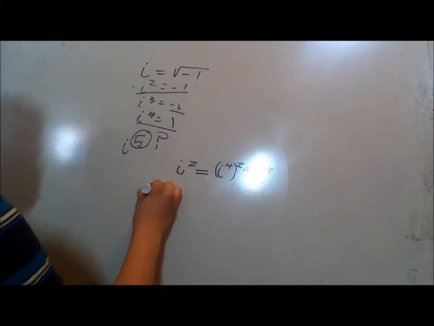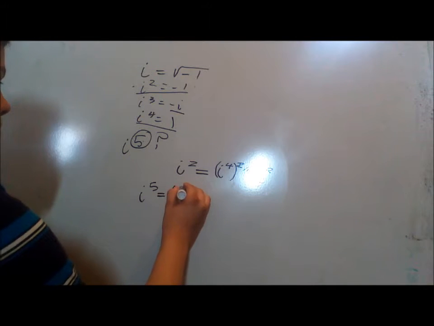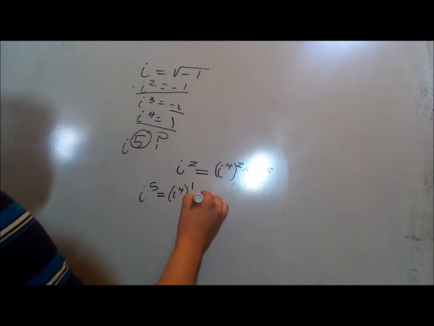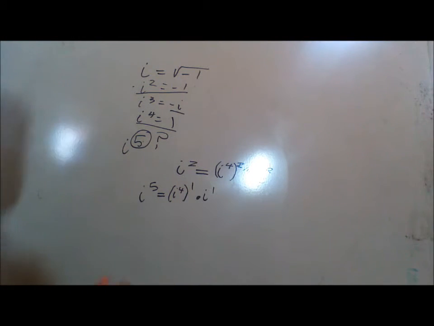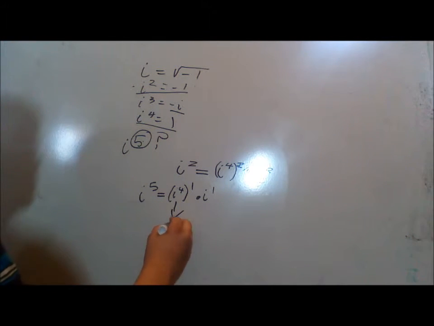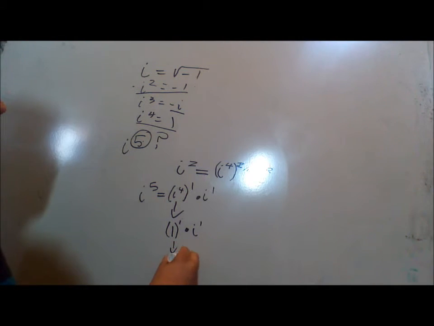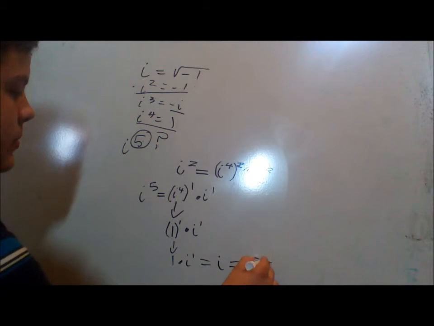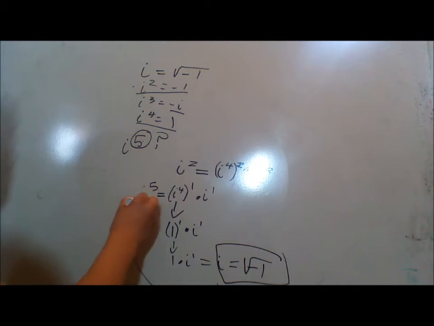So in this case, i to the fifth power equals i to the fourth power times i to the first power. So we have 1 times i to the first power, which is equivalent to the square root of -1. So the answer is i to the fifth power is equivalent to the square root of -1.